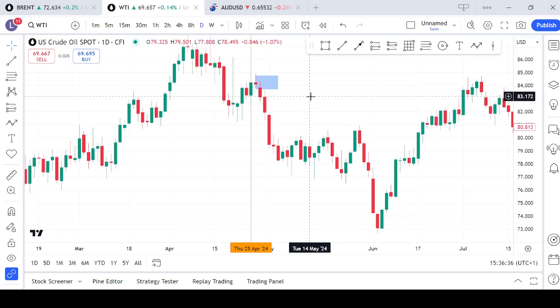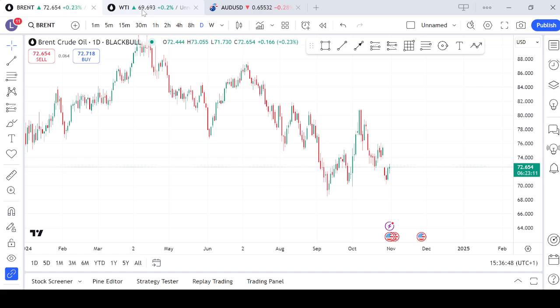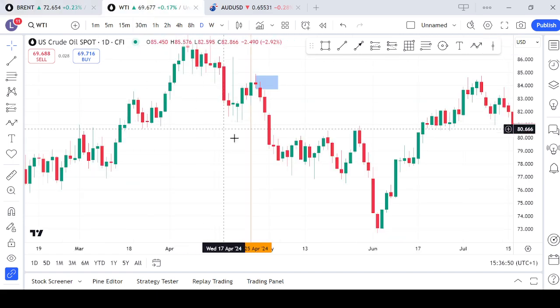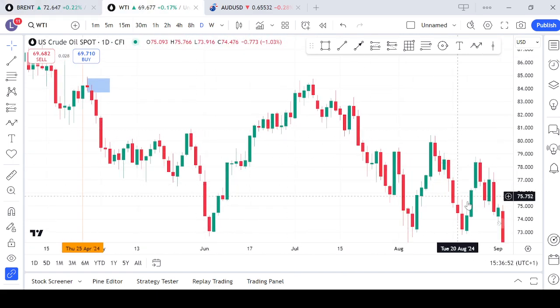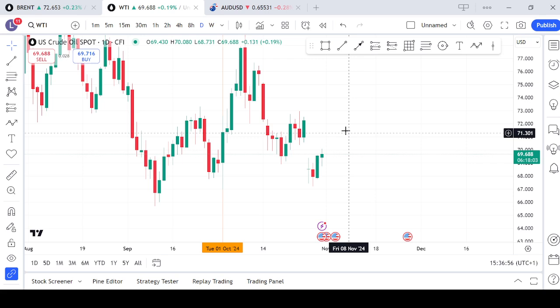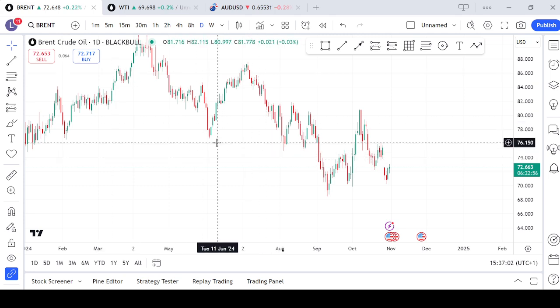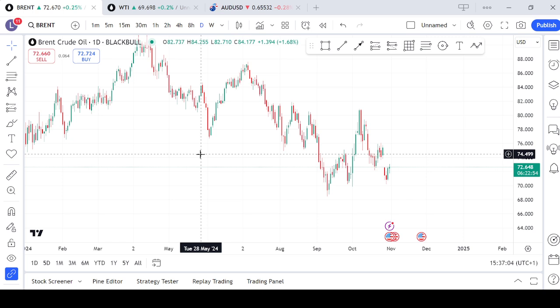So the next strategy is spread trading. Spread trading involves simultaneously buying and selling related oil contracts to profit from price discrepancies. For example, Brent oil and the WTI. You can see this divergence. WTI is priced at $69.68, while the Brent oil is priced at $72.6.